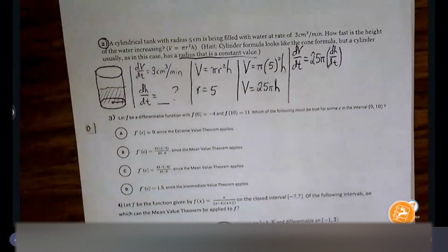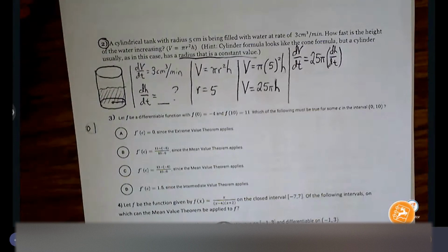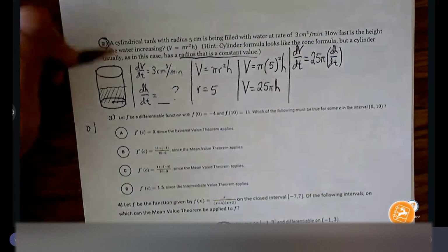So whenever you see a cylinder problem, you want to just kind of have in your head, okay, this is easier than cones, and I'm going to apply a different process for this problem. All right, so dV/dt gets replaced with 3.